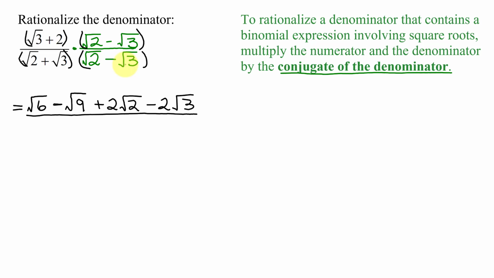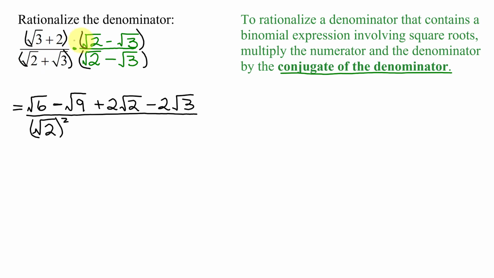So we know we should get the difference of 2 squares, but I'm just going to FOIL it out to prove it. First term, the square root of 2 times the square root of 2. So I'm going to get the square root of 2 all squared. I could write that as the square root of 4, but I'm trying to show that I get the difference of 2 squares, so I prefer this notation.